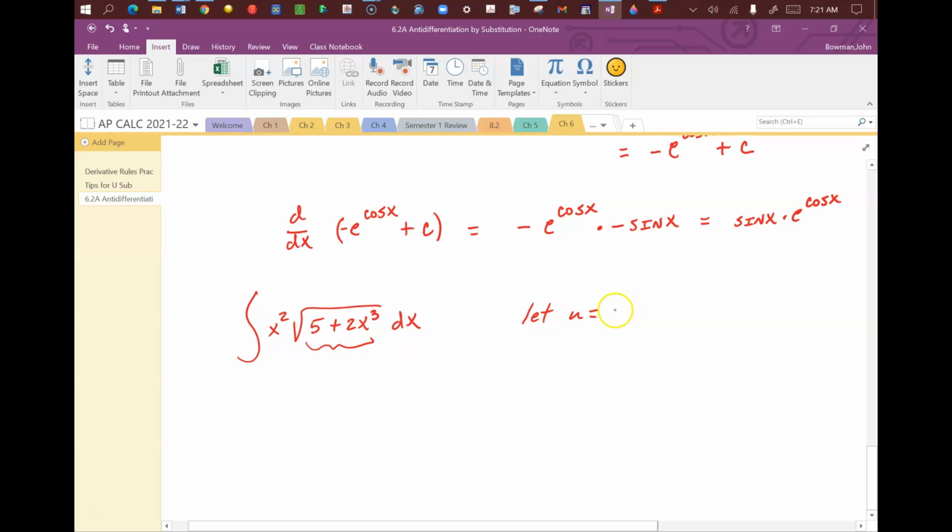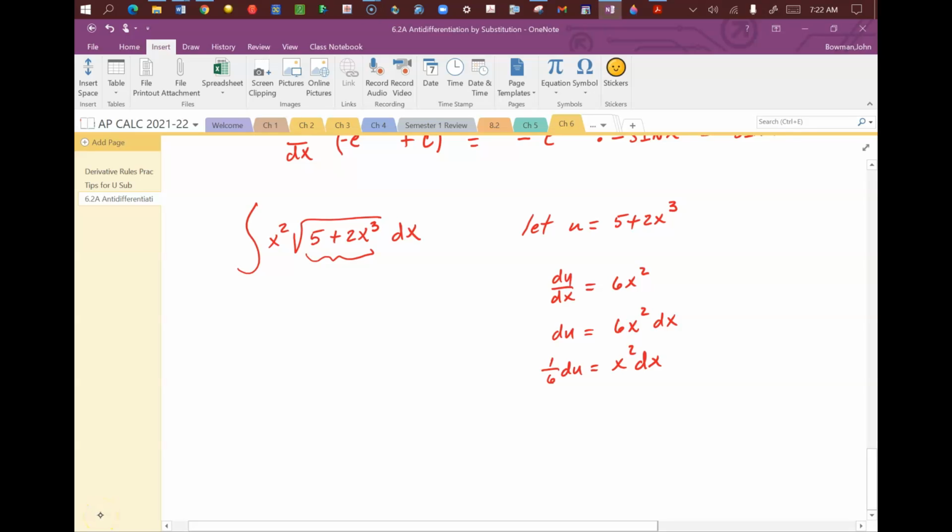I'm going to let u equal 5 plus 2x cubed. So du dx would then be equal to 6x squared, which means du is equal to 6x squared dx. Or another way you could say that is 1/6 of du is equal to x squared dx.